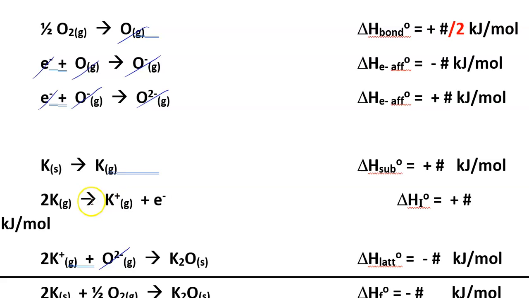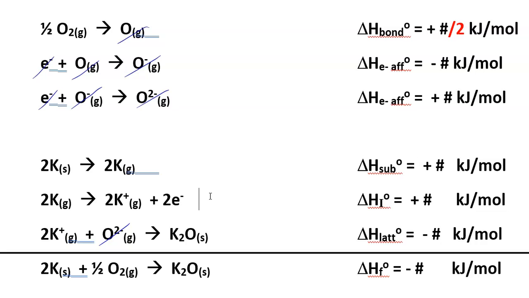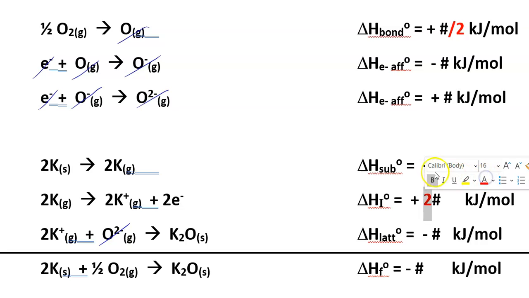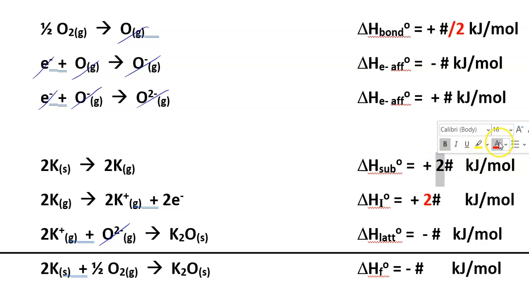That needs to be a 2. That needs to be a 2. That needs to be a 2, and that needs to be a 2. In doing so, we have to multiply this number right here by 2 and multiply this number by 2. So I didn't do a very good job of taking care of the coefficients early on.